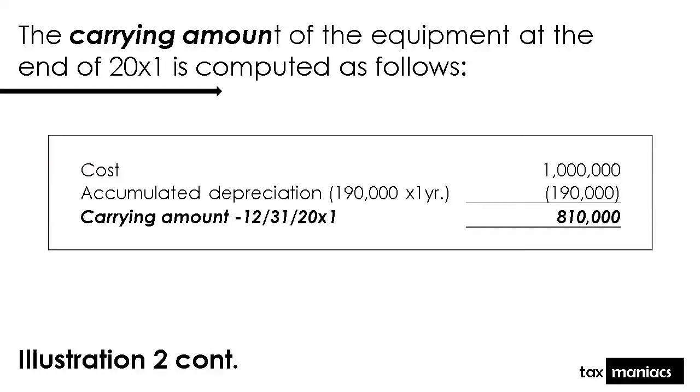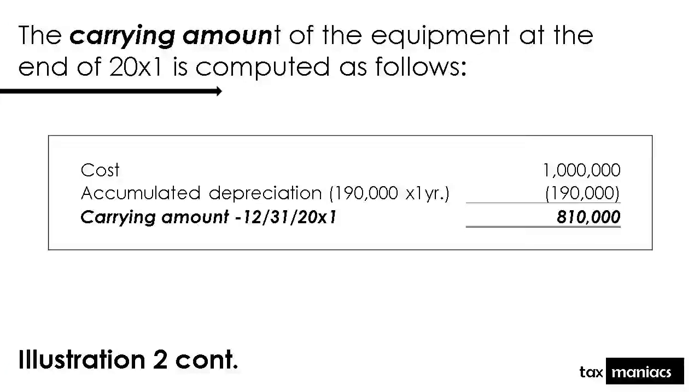The carrying amount of the equipment at the end of 2001 is computed as follows. We have the cost, 1 million, less the accumulated depreciation, which is 190,000 times 1 year, equals 190,000. Then we get the carrying amount of 810,000.